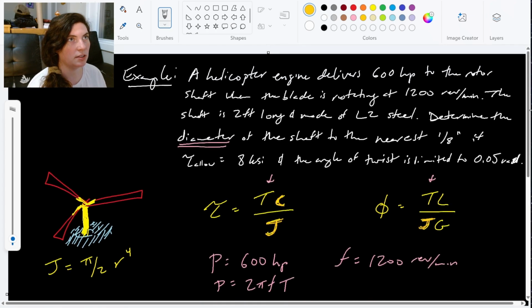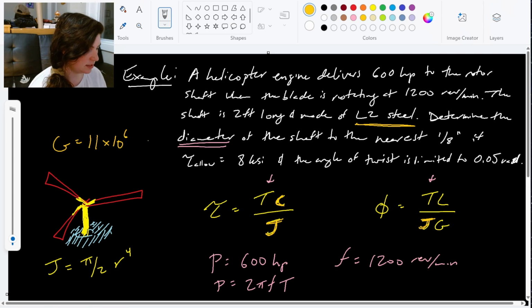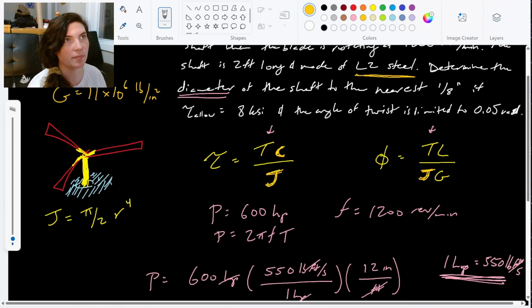It tells us this is made of L2 steel, so we can look up in our table that the shear modulus of elasticity is 11 times 10 to the 6th pounds per square inch. So we've got the G.